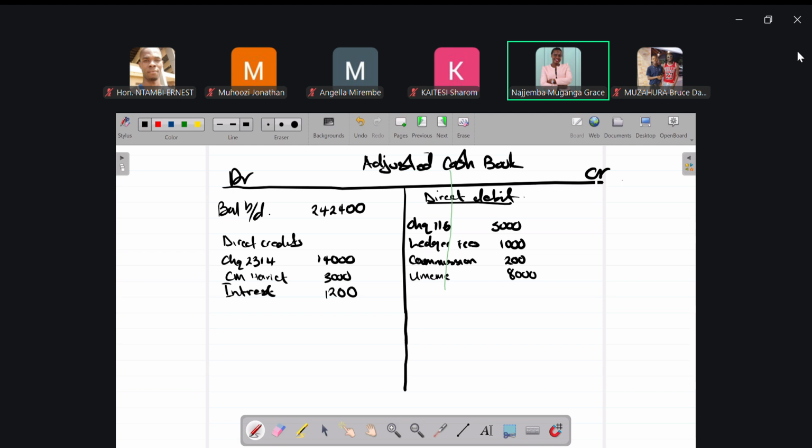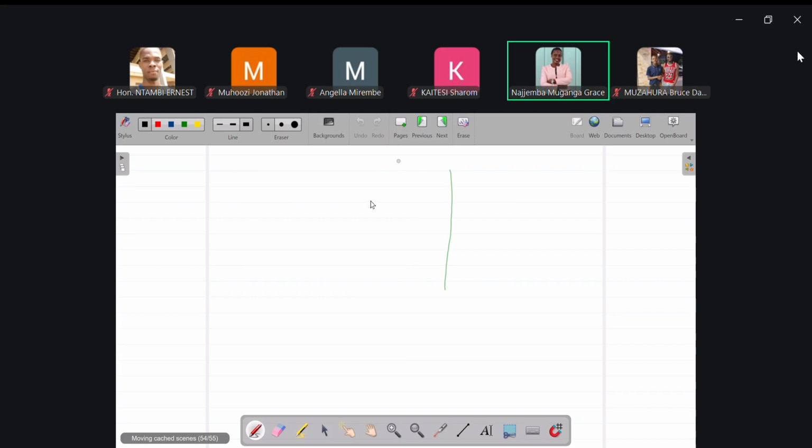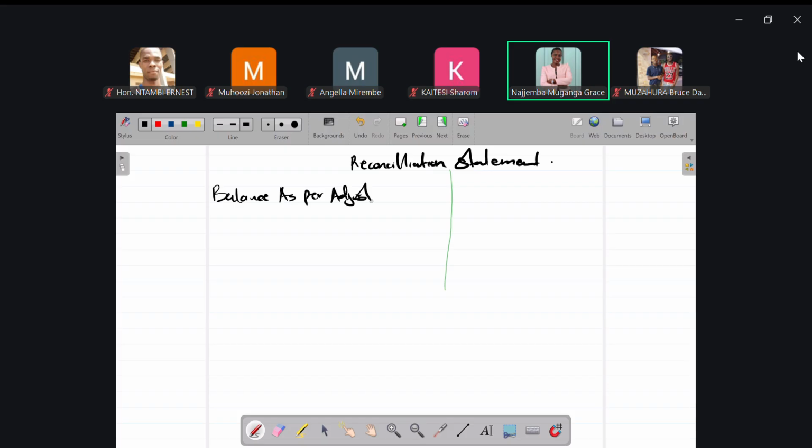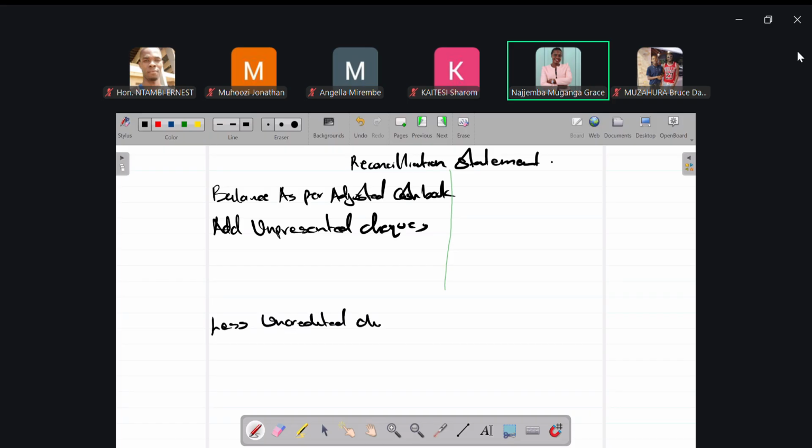Now we can as well continue with, before we balance it off, we can prepare the reconciliation statement, which requires we get the balance as per adjusted cash book, add unpresented checks, less uncredited checks.